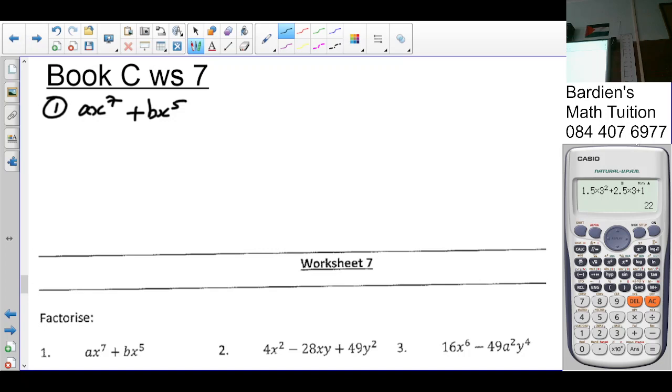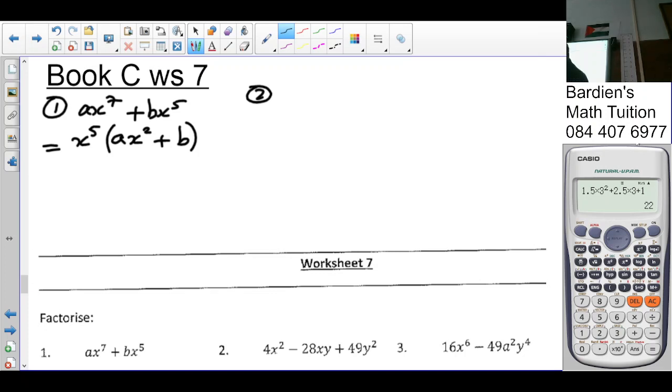What is common? x to the exponent 5. x to the exponent 5 is common. What are we left with? ax squared plus b. Not so. Look at number 2.